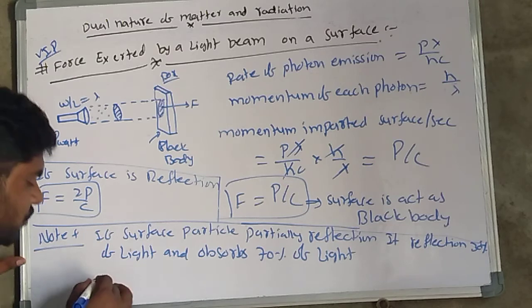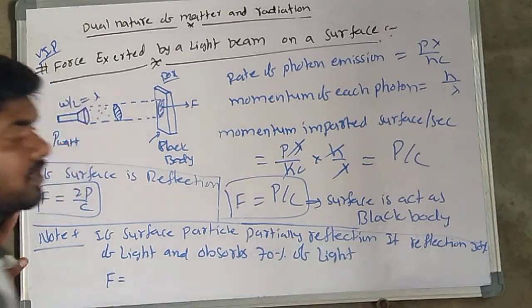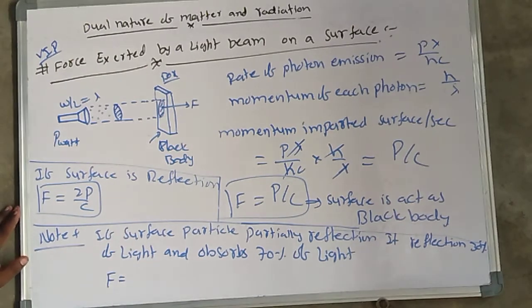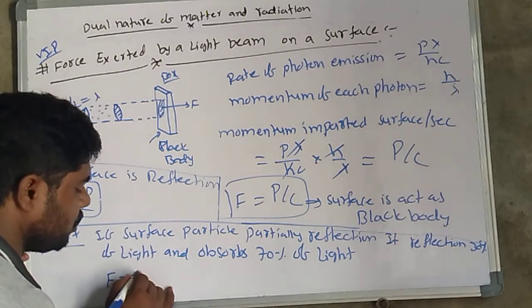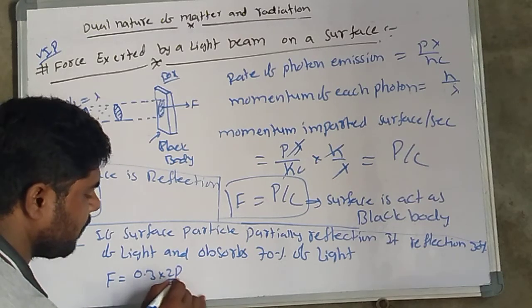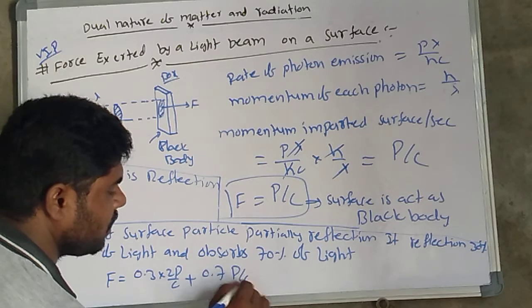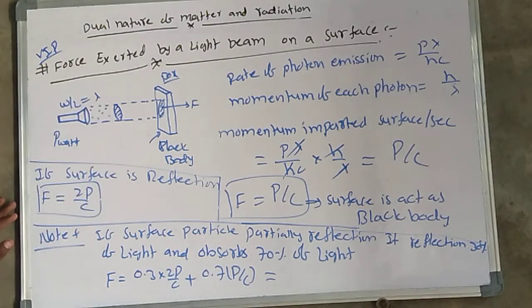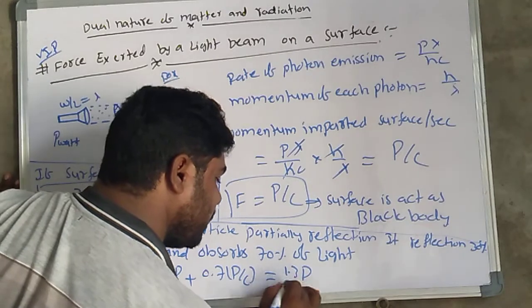The total force exerted is 0.3 into 2P by c plus 0.7 into P by c. That equals 1.3 P divided by c.